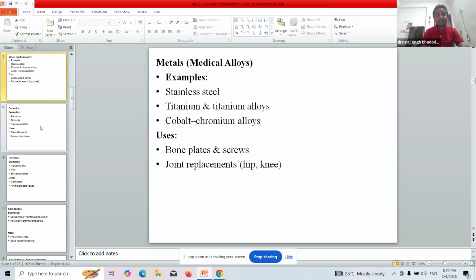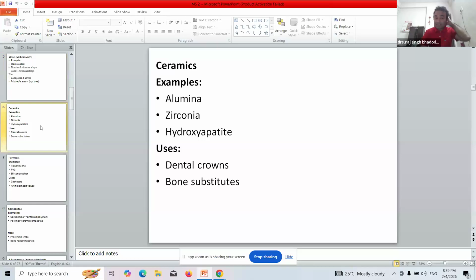The next one is the ceramics. The ceramics are generally, for example, alumina, zirconia, and hydroxyapatite. So these all are various examples of ceramics. This ceramics plays a major role because ultimately it makes heterogeneity in the multiple compounds. Suppose we have A element, B element, C element, D element, and so on.